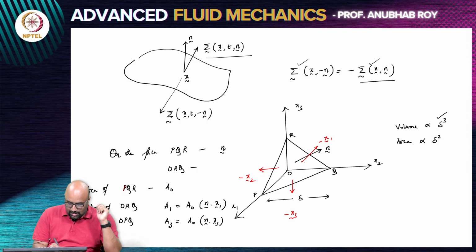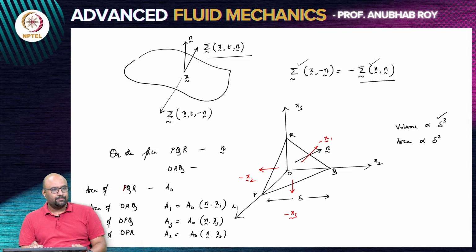And the area of OPR, A2, is A naught n dot x2.